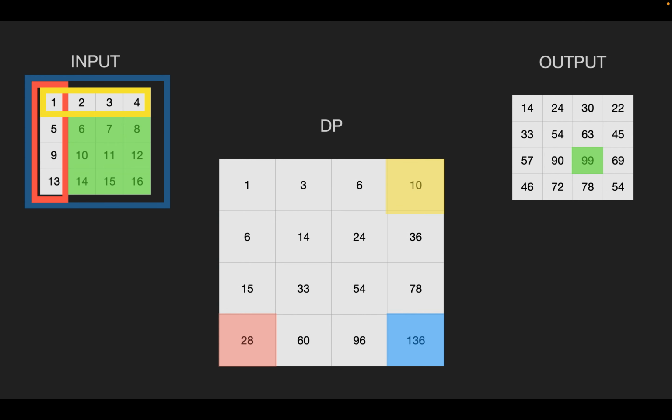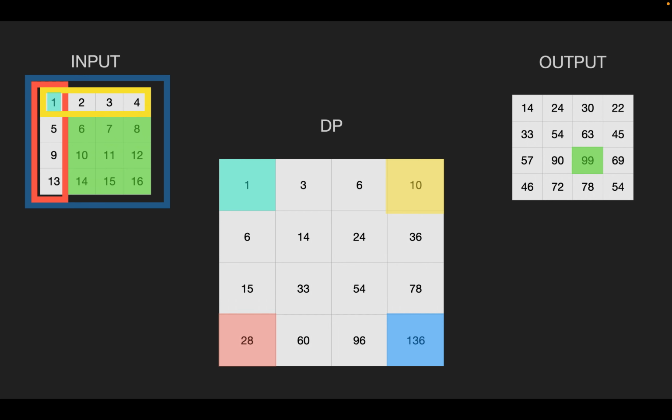Okay. So 136 minus 28 minus 10. We almost have the solution for the sum of the green box. The only problem with the approach right now is we're subtracting 1 twice.